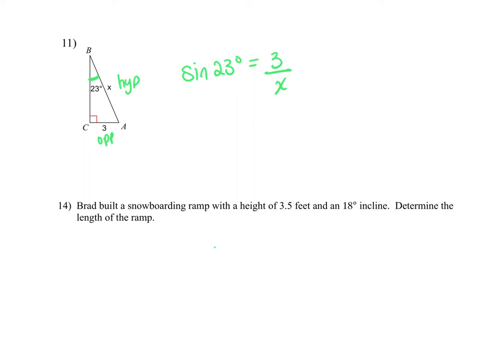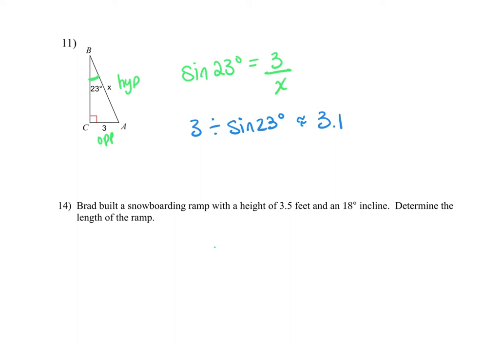This is on bottom, so you're going to say 3 divided by the sine of 23 will give me my side length. If I was solving for the hypotenuse there, you would say 3 times the sine. Does that make sense? When you do that, you're going to get a decimal, and I think it says round to the nearest 1 decimal place. So you're going to get approximately 3.1.